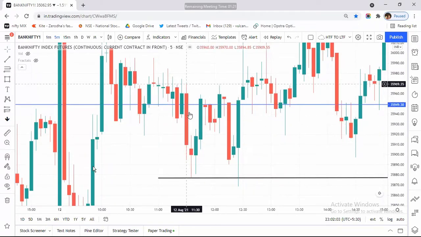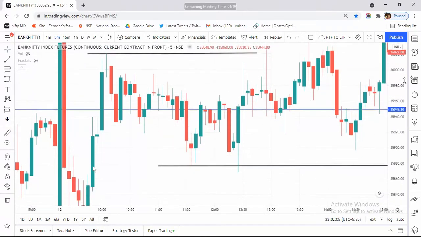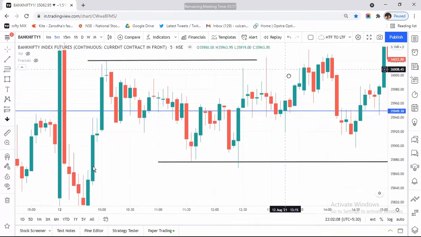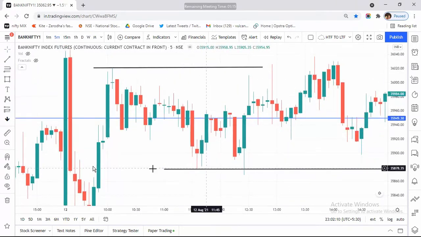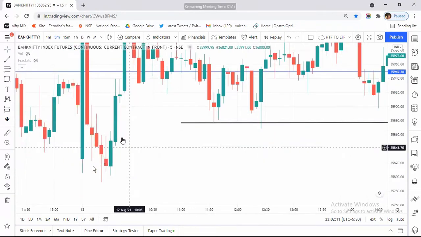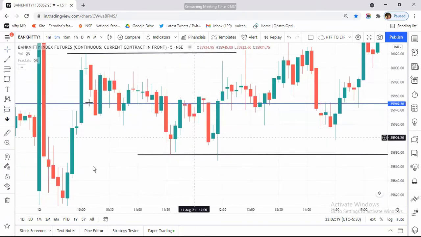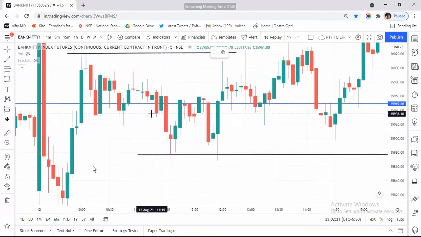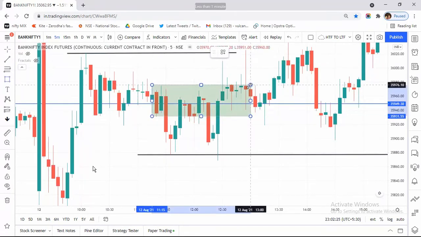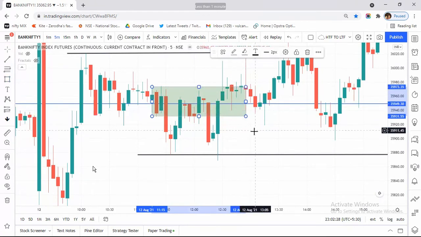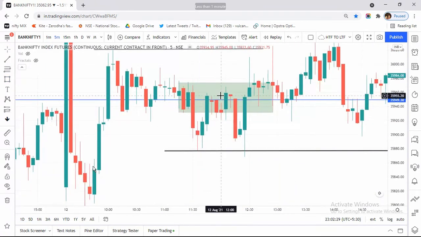It's coming to take the orders. Fair value. Liquidity. Because these are the swings and my price is below the 50. Here also below 50. So what I can do, I can mark the order block in this area. And when price comes back again, I will short the market for the target of the swing low.